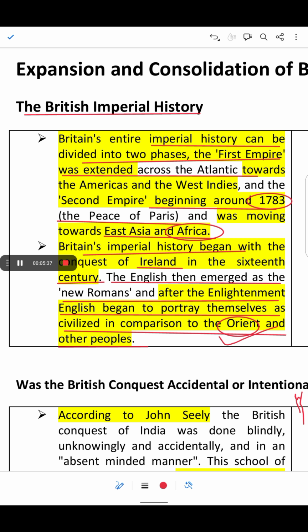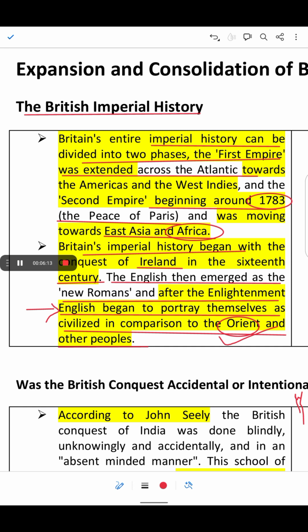Compared to the Eastern people, the British would consider themselves more civilized, and for the Britishers, the Orient and other peoples were uncivilized. They would consider themselves superior to others, and they would take the responsibility on themselves to make other countries civilized as well. This was their thought.